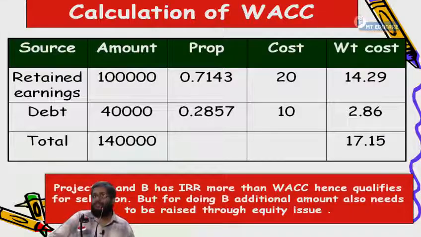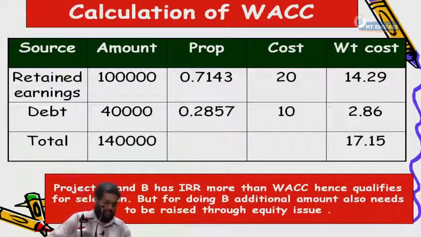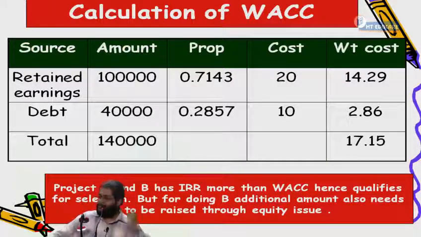Last line. For doing B, from there, A and B have IRR more than WACC, the weighted average cost of capital.